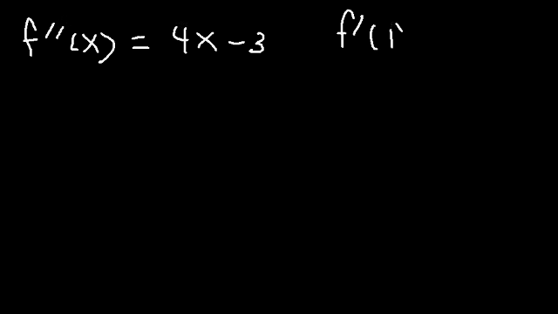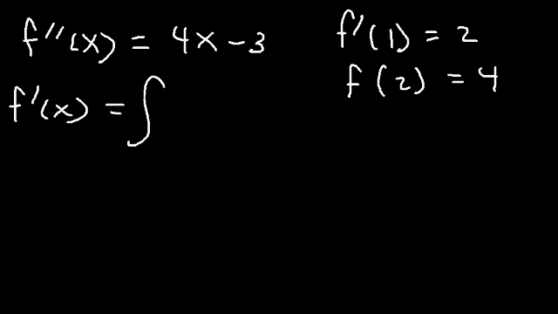Now what if you're given the second derivative? Let's say it's 4x minus 3, and f prime of 1 is 2, and f of 2, let's say, is 4. So you have to find f of x, which means we need to integrate the function 2 times. So let's integrate it the first time to get f prime of x.